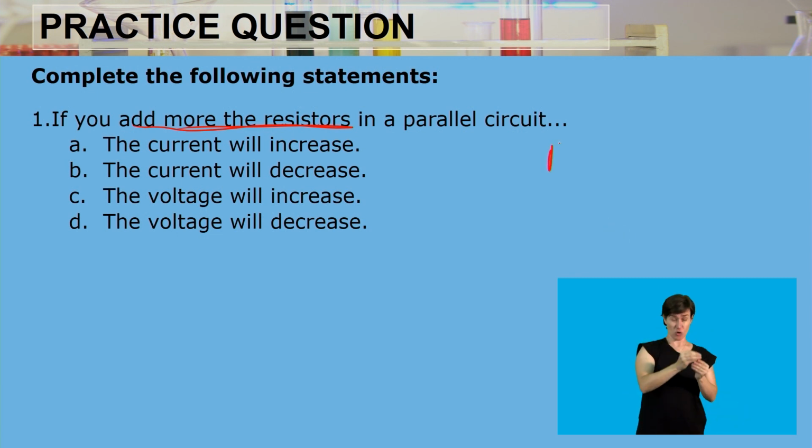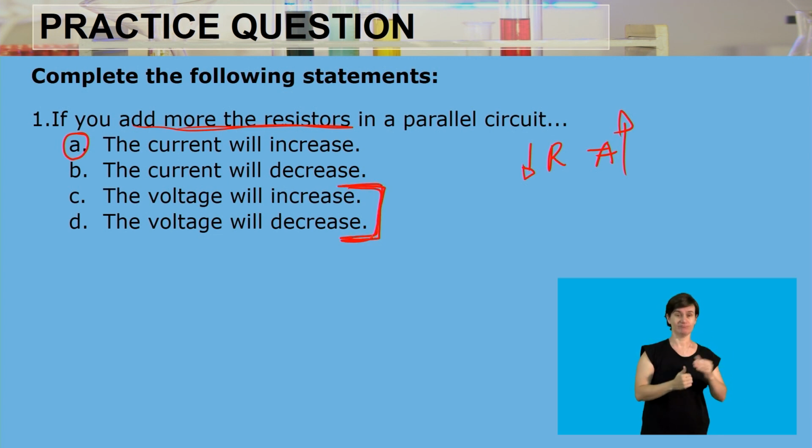And once the resistance decreases, the current strength is going to increase. So the answer here is A, the current will increase, because the current will not decrease when we are decreasing the resistance, and the voltage in a parallel circuit will remain the same throughout any point that you're trying to measure it from. So therefore, the answer is A.